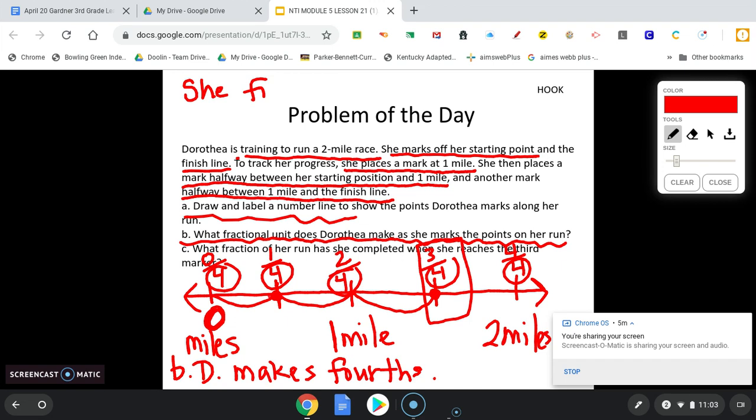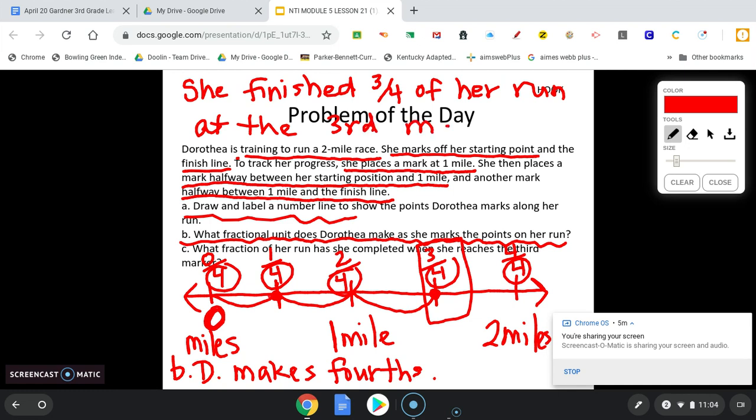She has finished 3/4 of her run at the third marker. Now, each of you need to write this on your page where you have your application problem. All right, if you need to pause and finish, that's fine.